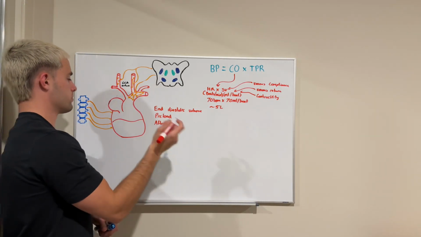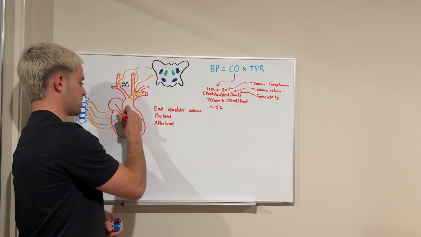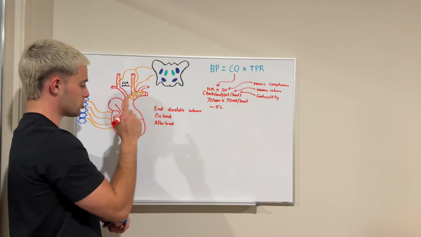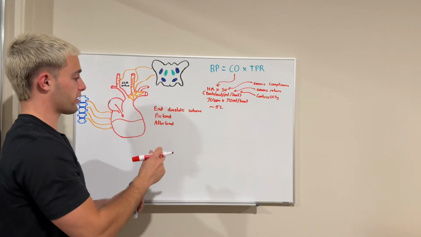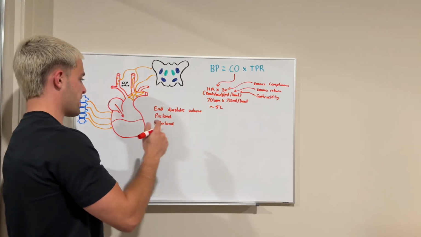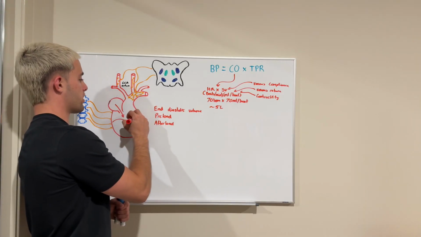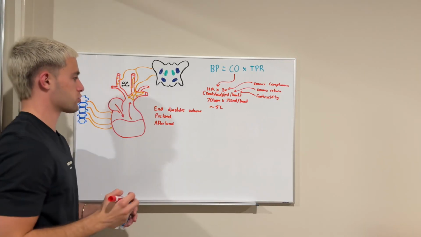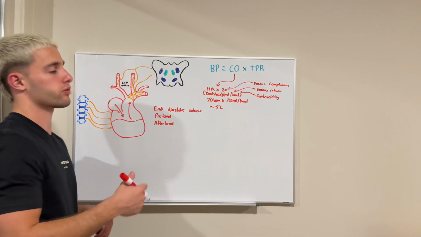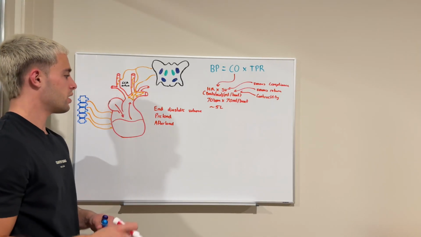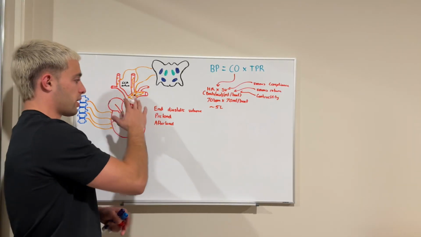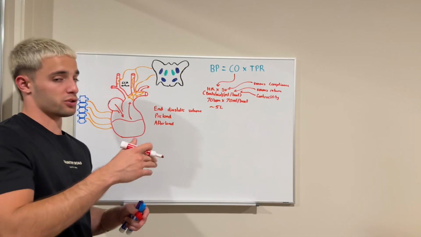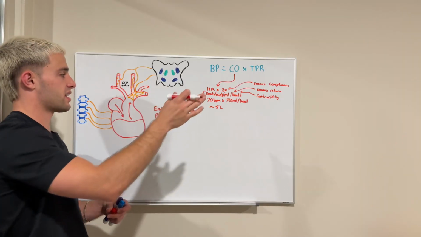So the blood comes in and fills up just before contraction. That's end diastolic volume, and the preload is the stretch. Then we have afterload, which is after the ventricles have contracted, they push the blood through the aorta, and it's the amount of pressure that blood needs to push past to move into the aorta and throughout the body.